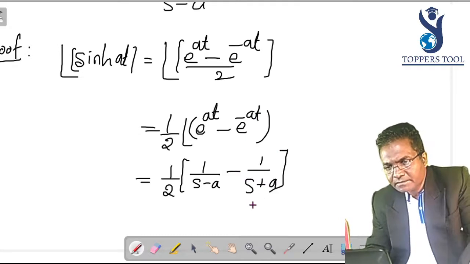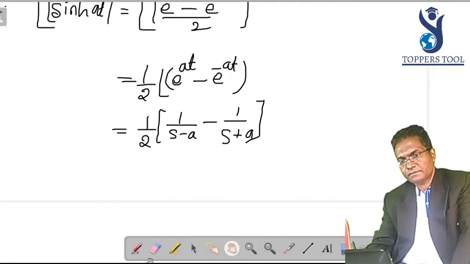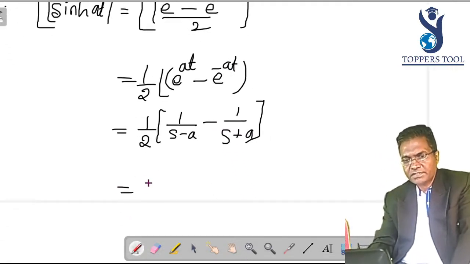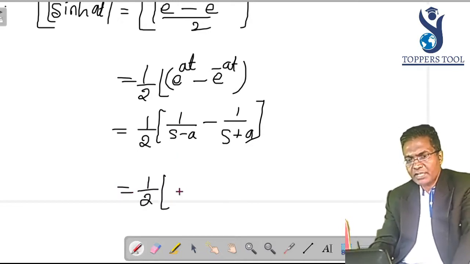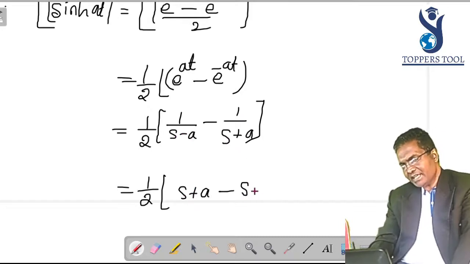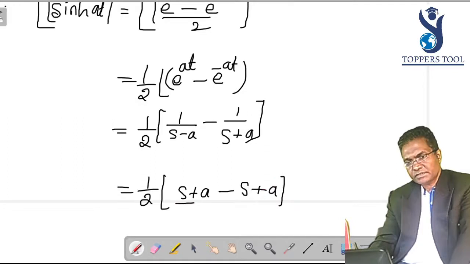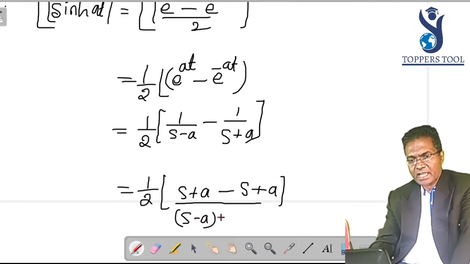Very simple. Just take the LCM. s plus a into 1, minus, if you multiply this side, minus a, this minus into minus a becomes plus a, divided by s minus a into s plus a.